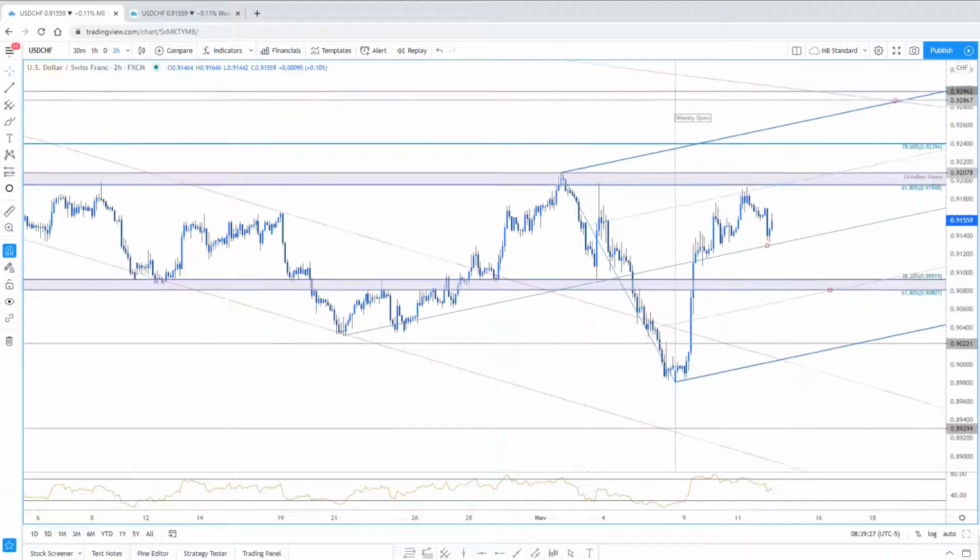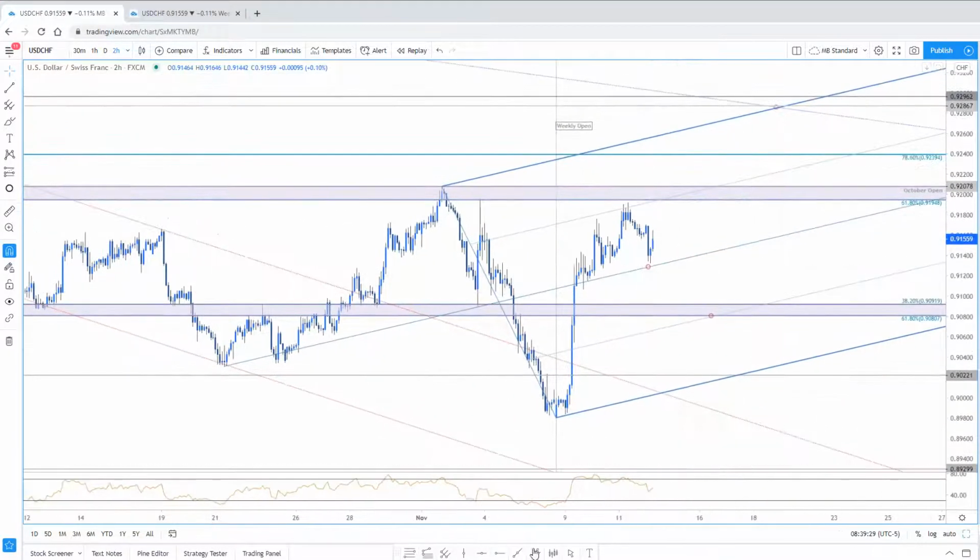Also, now that we've made that turn, just to give ourselves some guidance on the way down, see if there's any Fibonacci considerations to take into account.